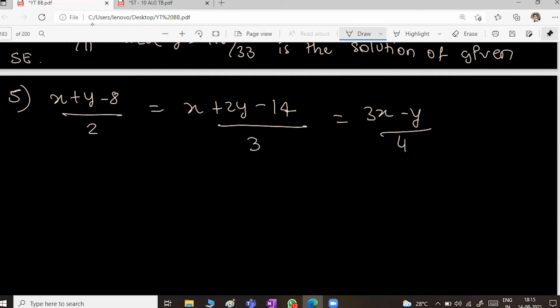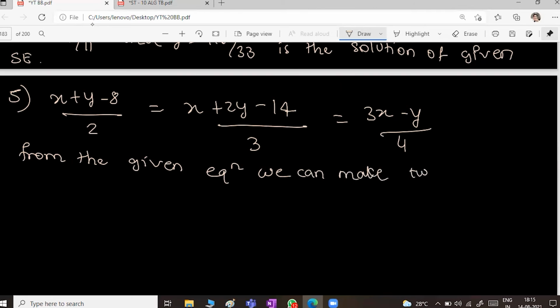Okay. So from the given equation, you can make two pairs of simultaneous equations. So from the given equations, we can make two pairs of simultaneous equations.